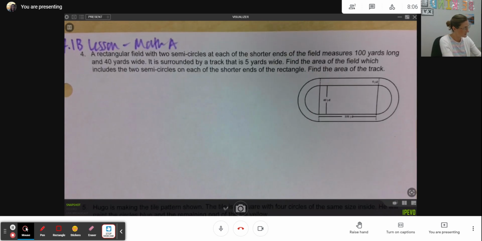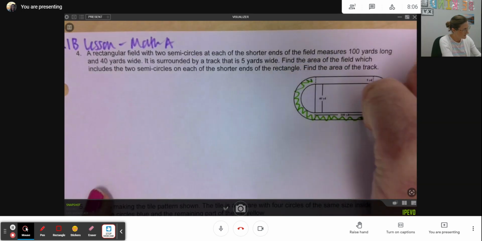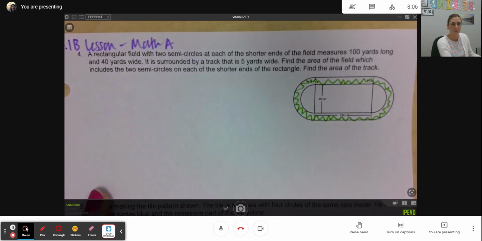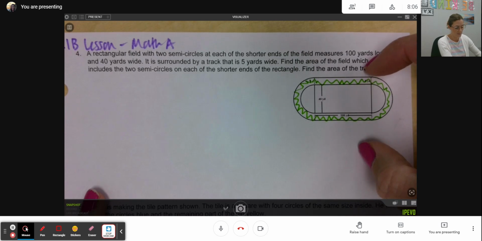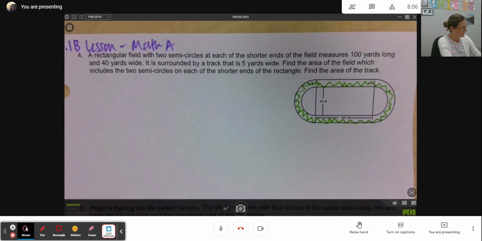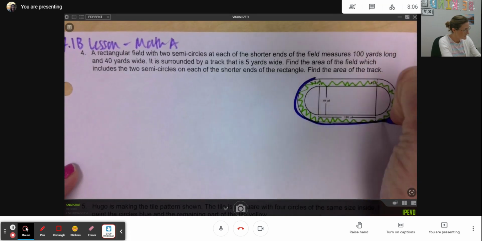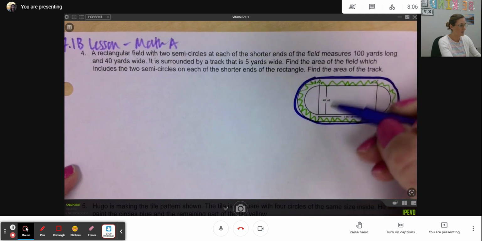So our ultimate goal is to find all of this region here. So the area of the track. In order to do that, we have to find the area of the larger field that goes all the way around here and includes the two semicircles and all of the area inside. I could shade all that in.